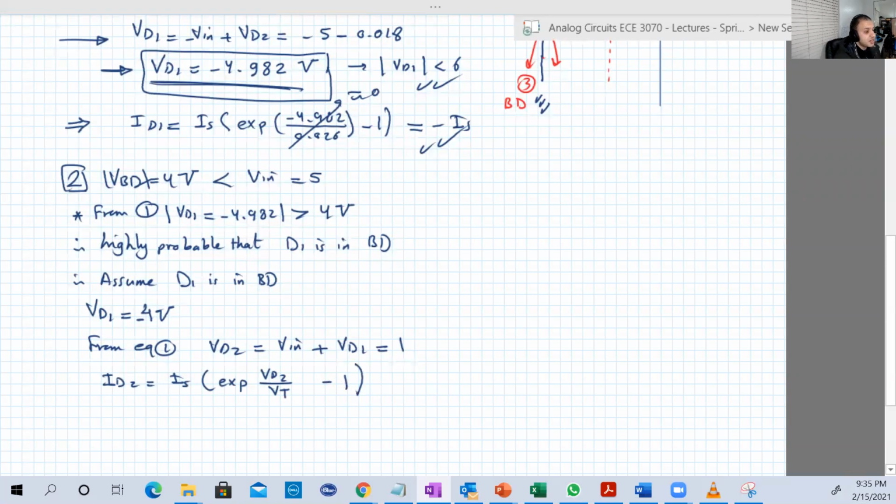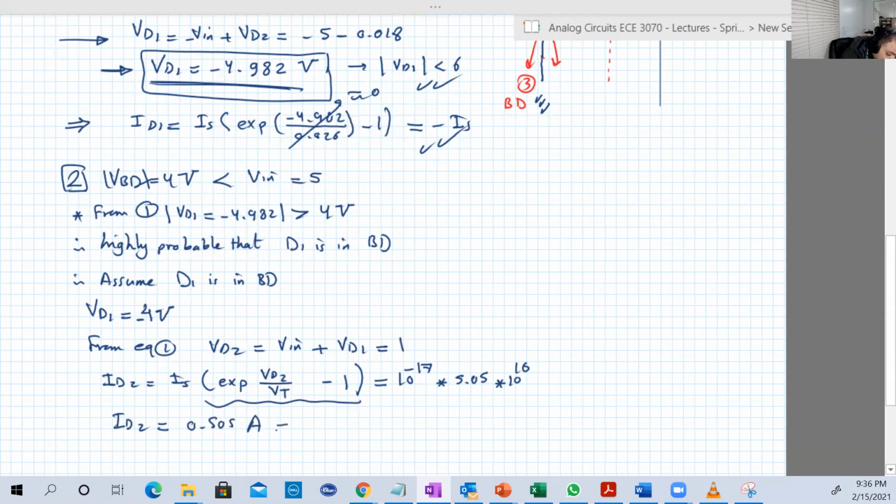So let's do this on the calculator now. This is 10 to the minus 17, and this bracket will give us 5.05 times 10 to the power 16. So ID2 is equal to 0.505 amperes.